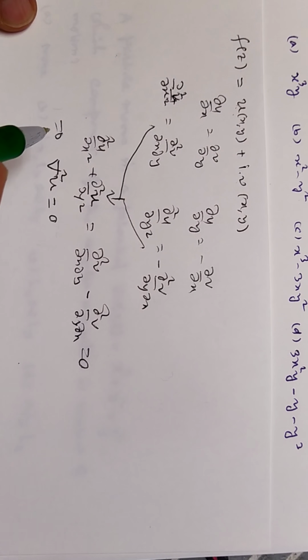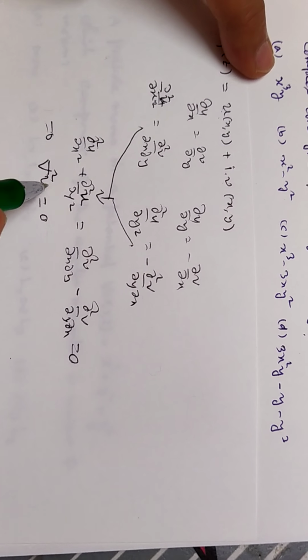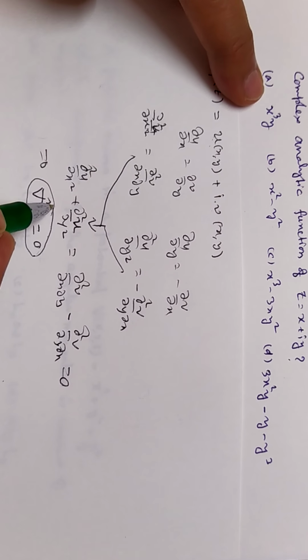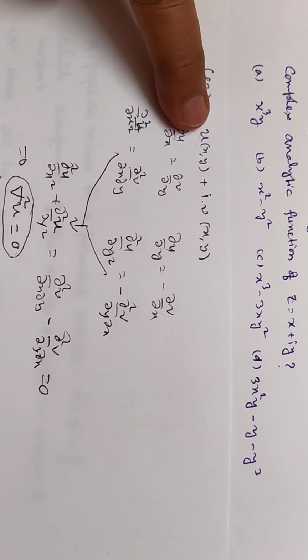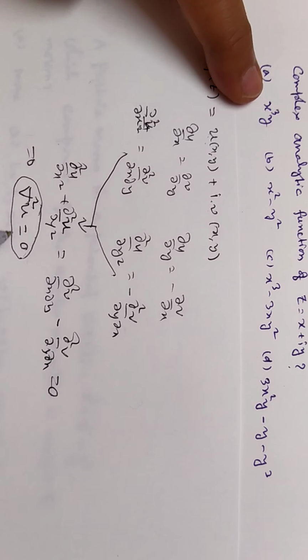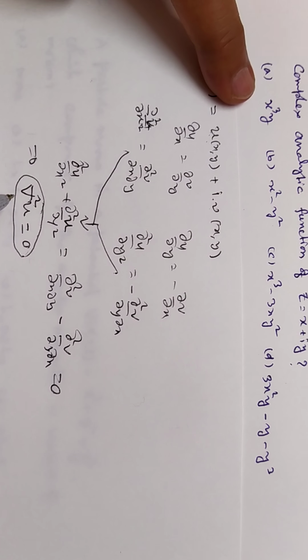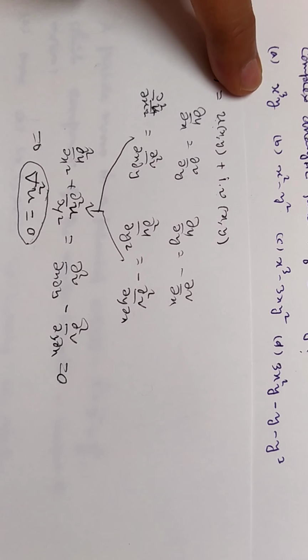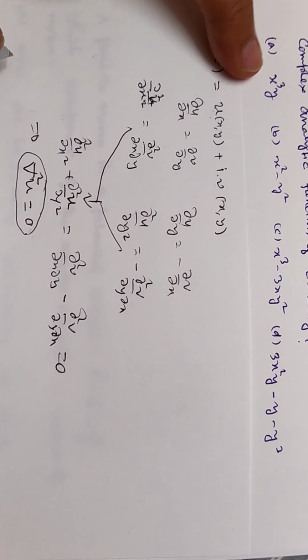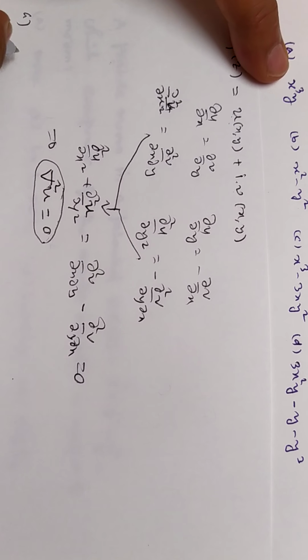Now you have to test the given u. If this condition is satisfied, then that can be the real part of an analytic function, and if it does not satisfy, then it cannot be the real part of a complex analytic function, right? So let's check with this option a.